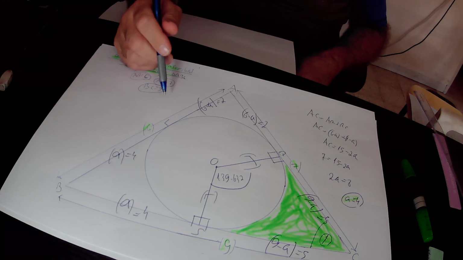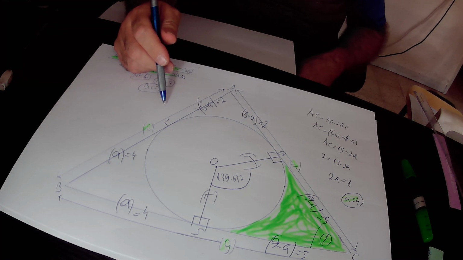We already found that the semi-perimeter of this triangle ABC is equal to 11 units in its length.